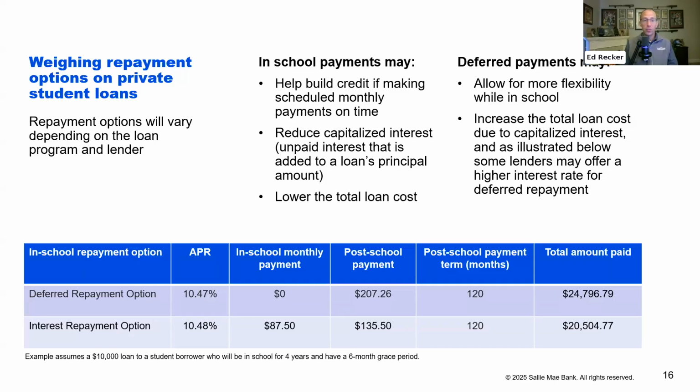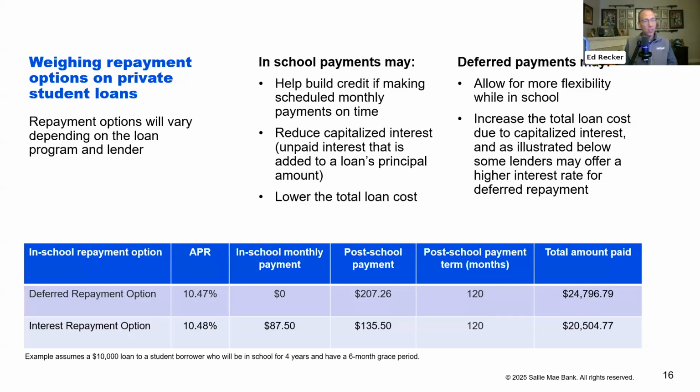This illustration shows basically the same loan with a slightly different APR, which really would reflect the same interest rate. But in that bottom line, where a family chose to make that interest payment over the course of the student's education, it's going to result in a much lower monthly payment once they graduate, as well as significant savings in terms of total amount paid back.